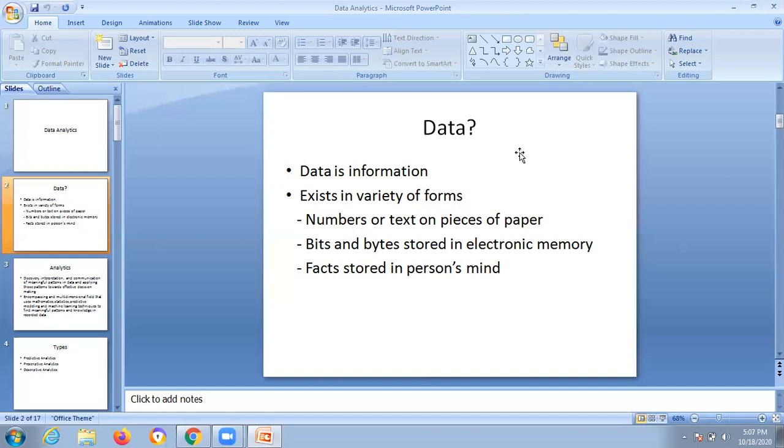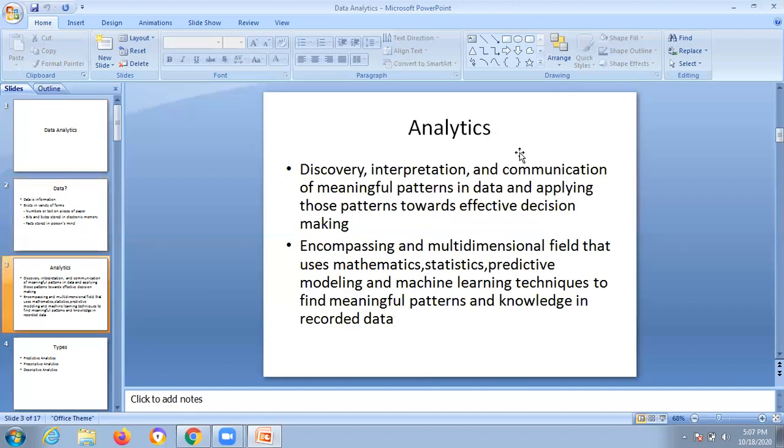Now next, what is analytics? Analytics speaks about the analysis part: how the analysis can be made after discovering data, and you need to manipulate the data and communicate. These three play an important role in analytics, and you apply these patterns to make efficient decisions. If you apply it in marketing or business development, you first need to explore the data, that is, discover the data.